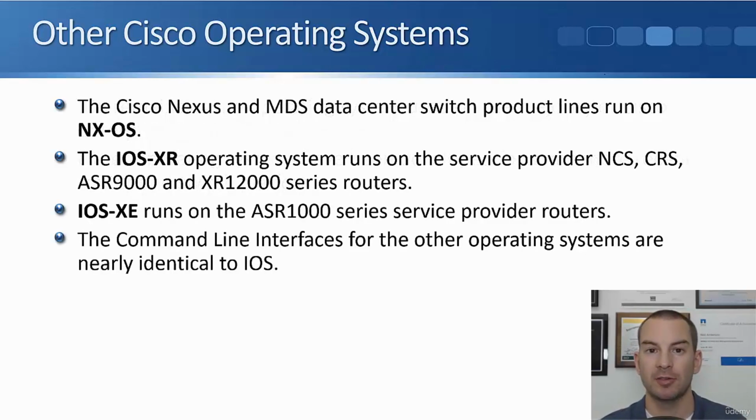So on the Cisco Nexus and the MDS data center switches, they run on NX-OS. On the high-end service provider routers, the NCS and the CRS, and also on the ASR9K and the XR12K routers, they run on IOS XR. And on the ASR1K service provider routers, they run on IOS XE.